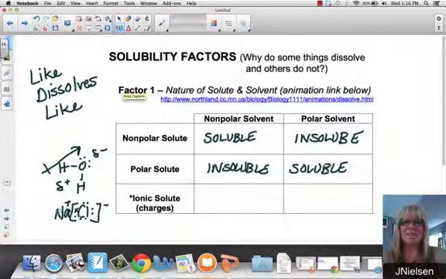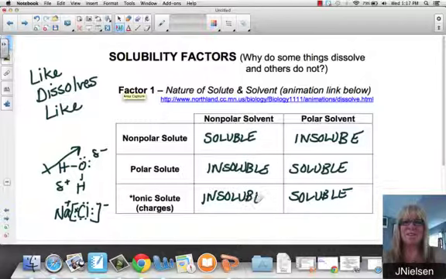The sodium is attracted to the oxygen side because opposites attract, and the chlorine's attracted to the hydrogen side. So it should make sense that an ionic solute will dissolve in a polar solvent because that's our salt in our water. But it will not dissolve in nonpolar.